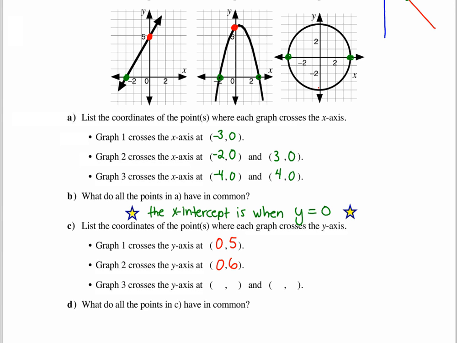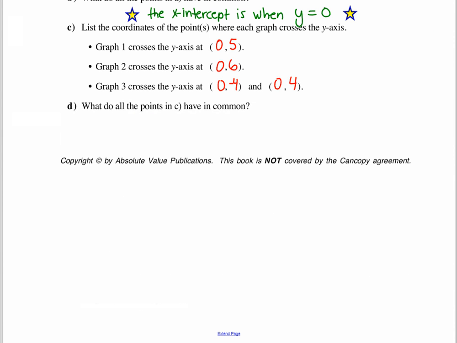And graph 3: x is 0, y is 4, and 0 and -4. So obviously, what do these have in common? The x is 0. So the y-intercept occurs when x is equal to 0.